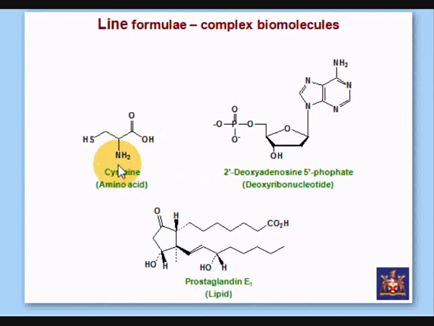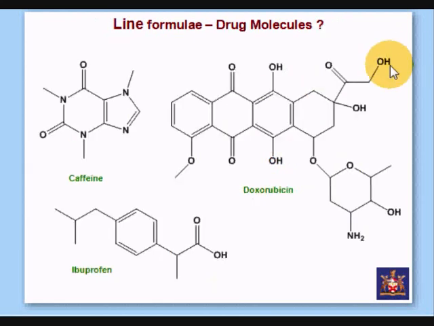We've got an amino acid, so there's our amino group. We've got a carbonyl group there as well. We've got our OH there as well, and several other more complex. DNA actually, deoxyribonucleotide. And then some other molecules as well, caffeine and ibuprofen.